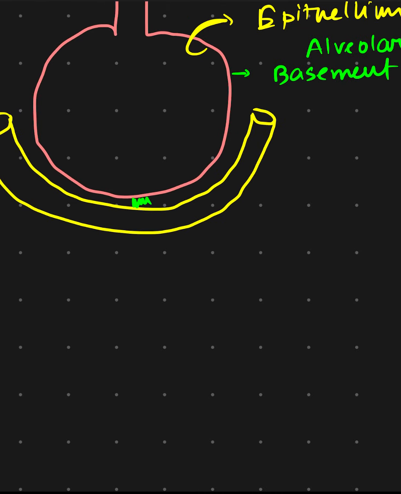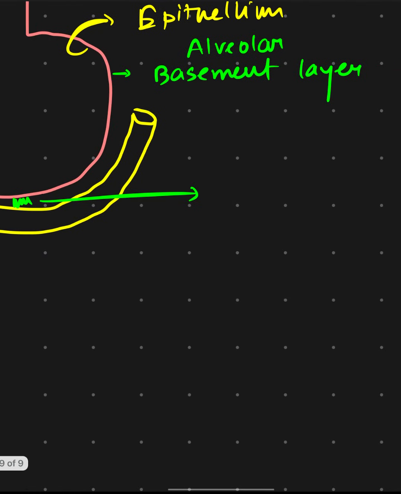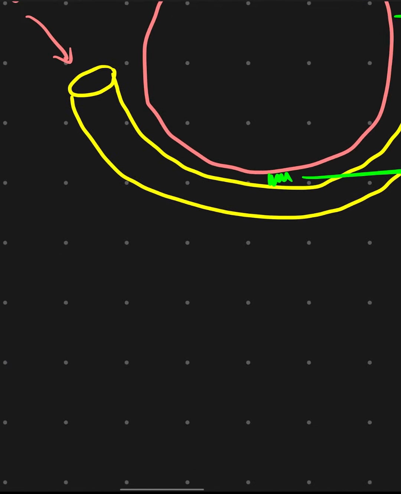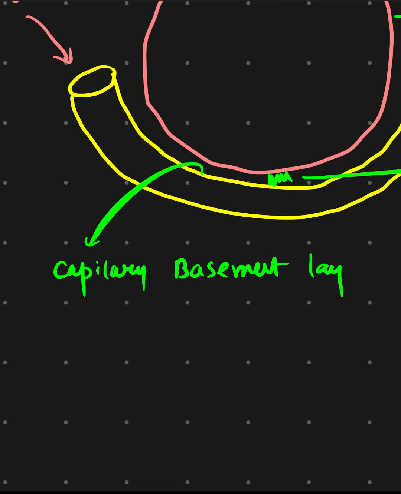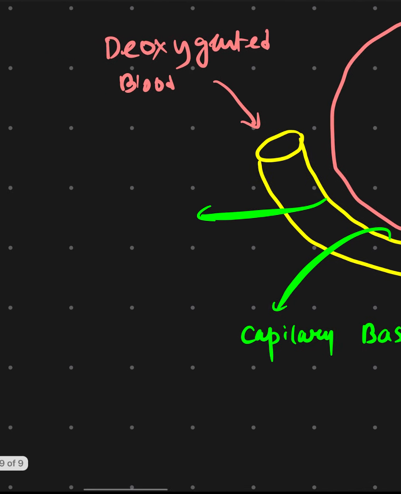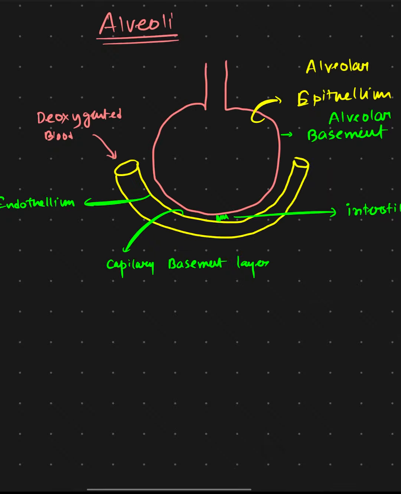This space is known as interstitial space. The outside layer of the blood capillary is known as capillary basement layer. And the inside of the blood capillary is known as endothelium. So I hope the layers are clear.